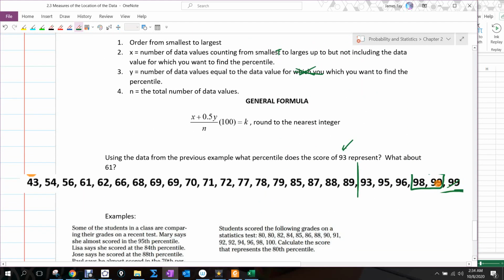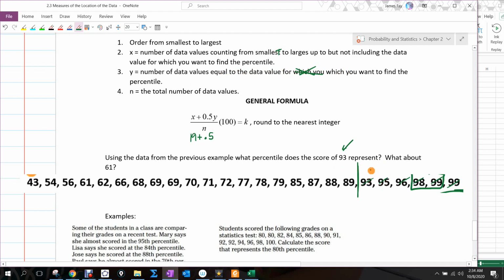So this would be 1, 2, 3, 4, 5, 6. Okay, so there's going to be 19 before that. So x is 19 plus 0.5 times y, and y is the number of data values equal to the data value for which you want to find the percentile.